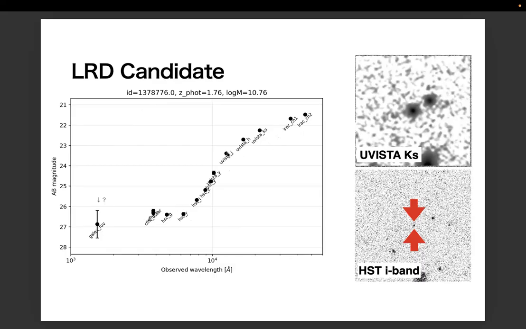It is kind of different from the power-law emission often seen in red quasars. So I brought this because it looks like so. And I brought an image from the COSMOS cutout service, this is the K band, and this is the HSC i band, and you see that this source is kind of compact.